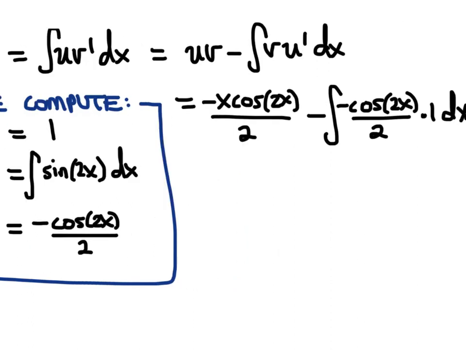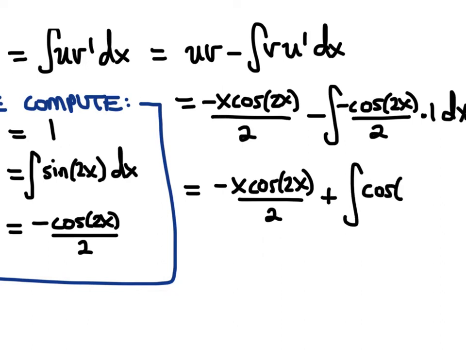Plugging in what we have, we end up with this new formula here, and we can rearrange this a little bit, so we have minus x cosine 2x all over 2 plus the integral of cosine of 2x over 2 with respect to x.